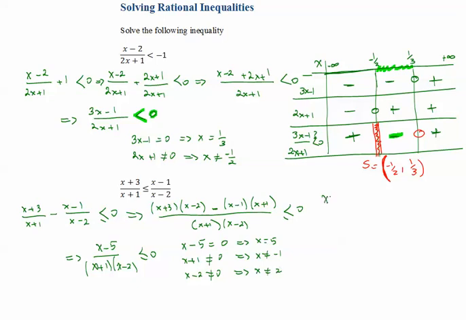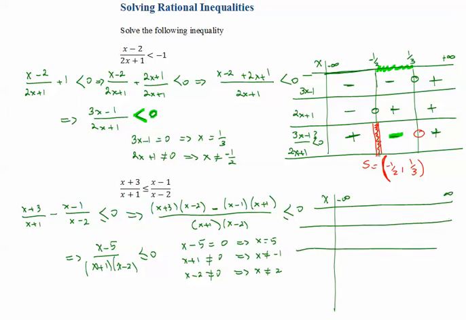Then I use the table as well, and by the way, this table helps us find the graph of any rational functions as well. So here is the number line, and again, how many terms do we have? We have the x minus 5, the x plus 1, and the x minus 2.